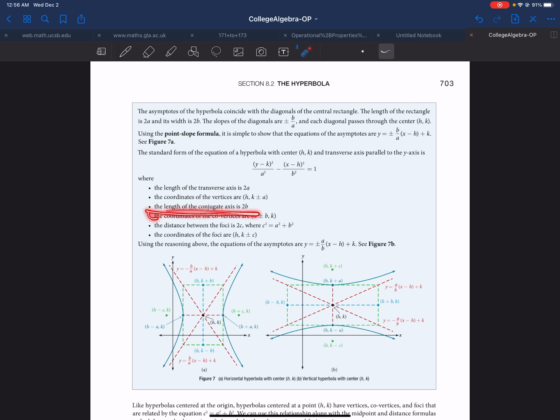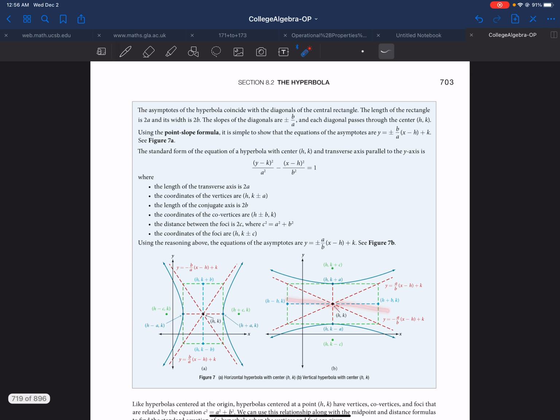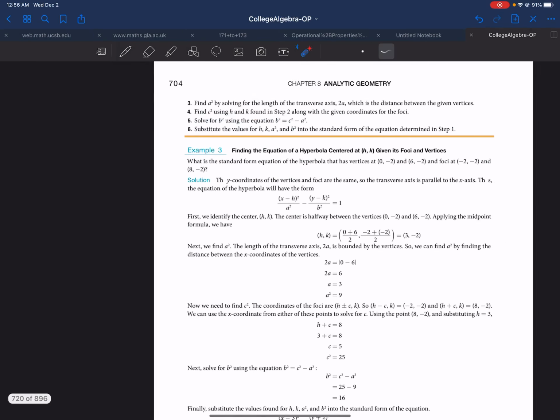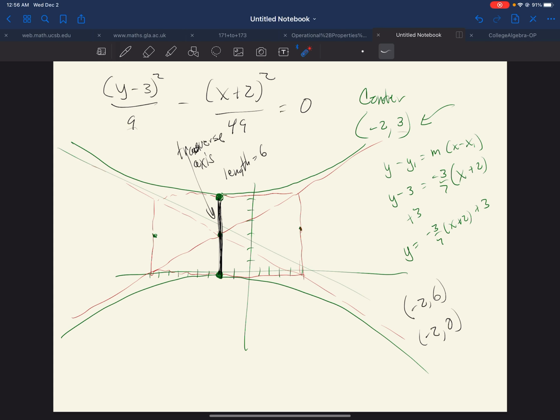The length of the conjugate axis, so the other axis, basically the width of the rectangle, if the length is the transverse axis, it's going to be twice b. But you went over b and over b, so it's going to be double b. The coordinates for the co-vertices, just trust me on this, if you plugged in the h, plus and minus b, and the k, all that is, you guys, is the left and right values right here, these two.